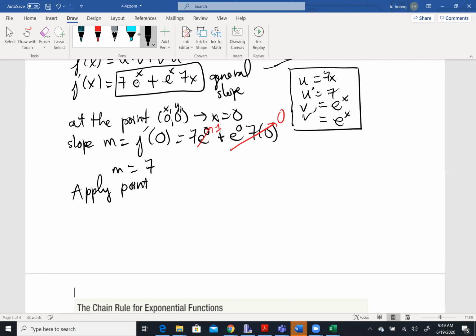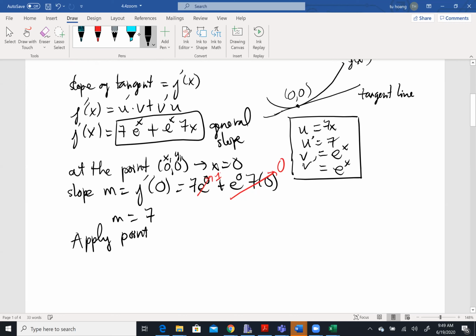What point does the line go to? 0, 0 is the point that the tangent line goes to, right? 0, 0, which is x1, y1, and slope m equals 7, into the point slope formula.